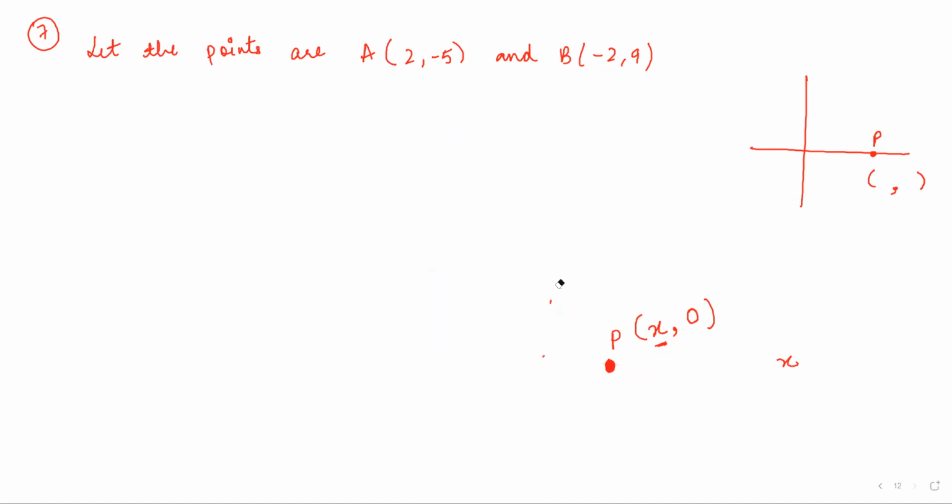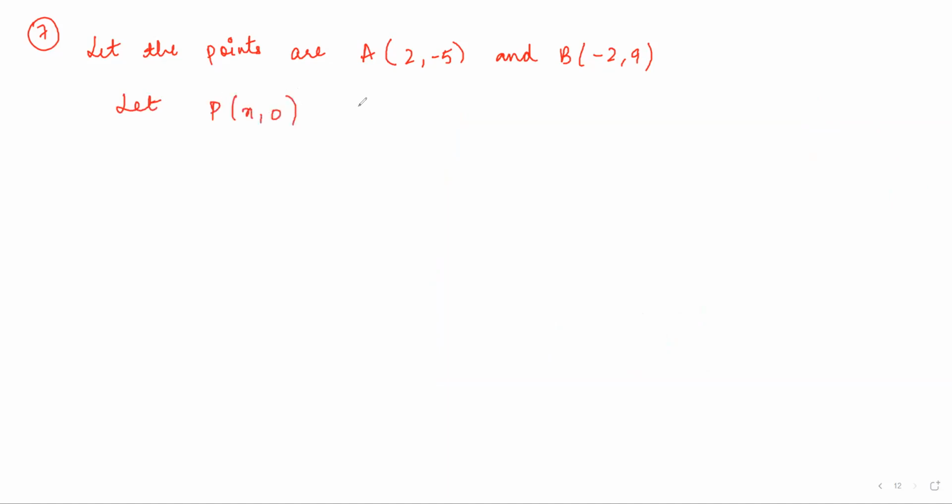So it is given in the question that the point is lying on the x-axis. So let the point be, you can write like this, let P(x, 0) be the point on the x-axis. Because we don't know where it is lying, so x will remain x, right?